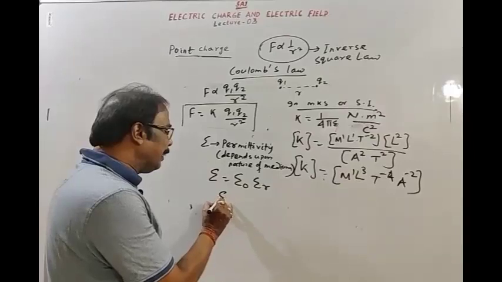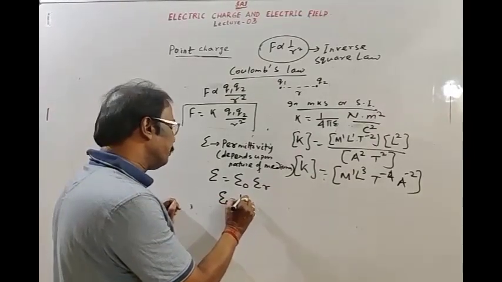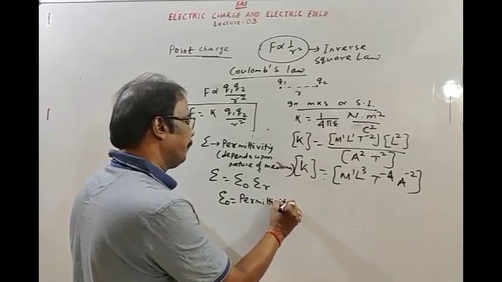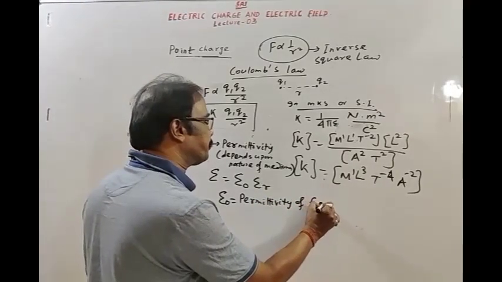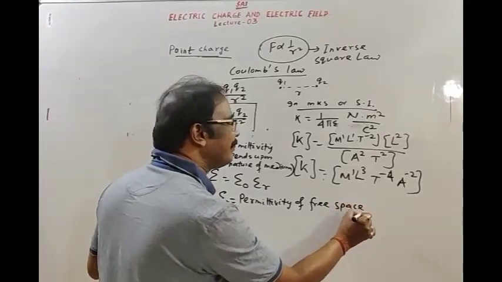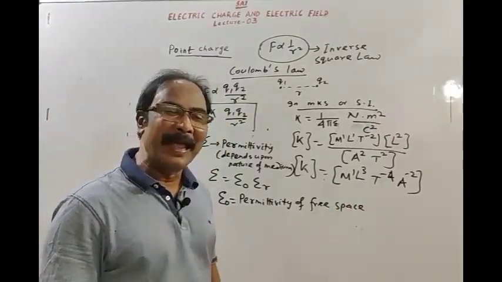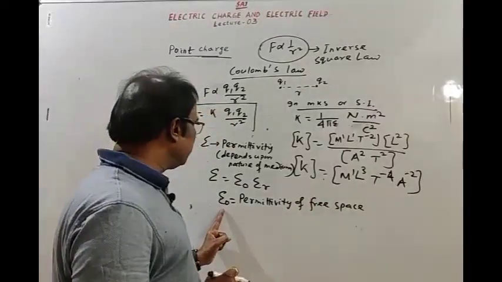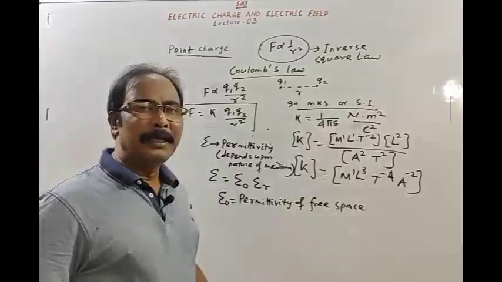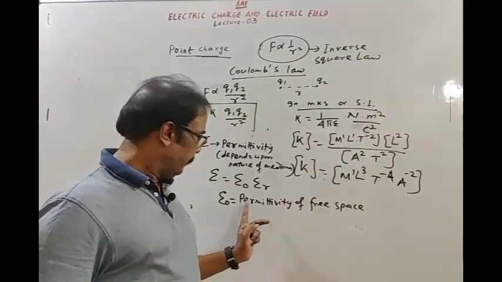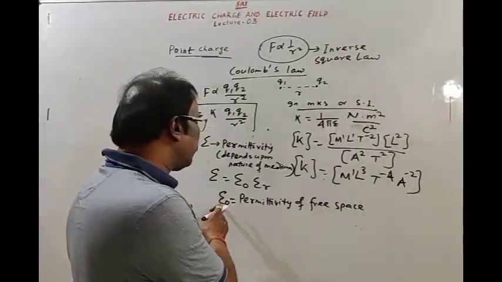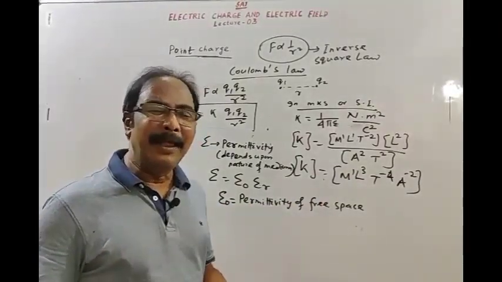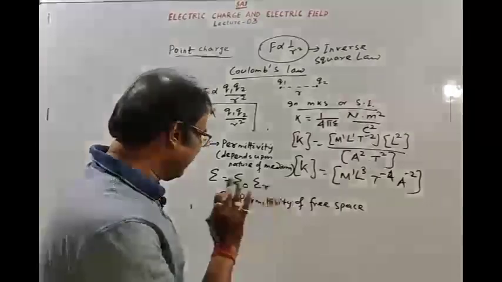Epsilon naught is called the permittivity of free space. What is free space? Free space means vacuum, where there is nothing. Of course, we do consider epsilon naught in air also. Usually the proper form is epsilon 0 is permittivity of free space or vacuum. We may consider it in air medium, but it differs to some extent.